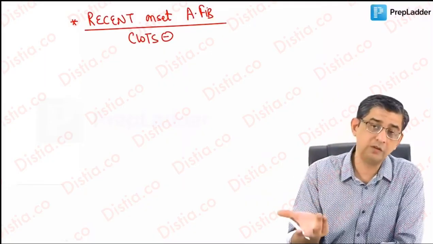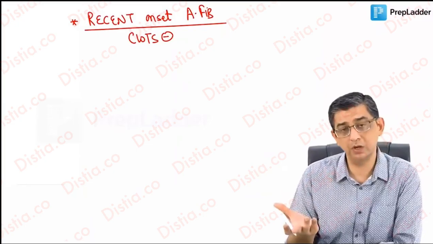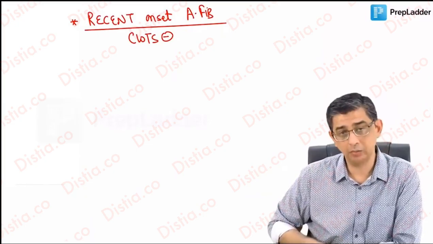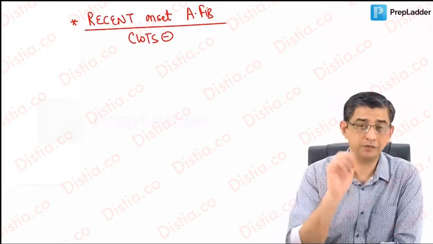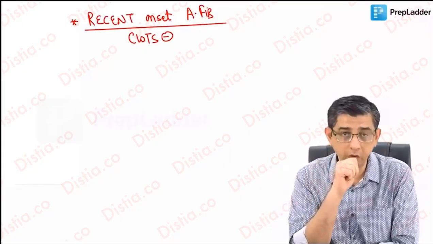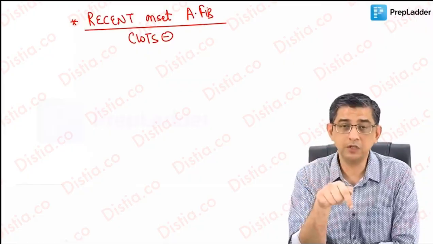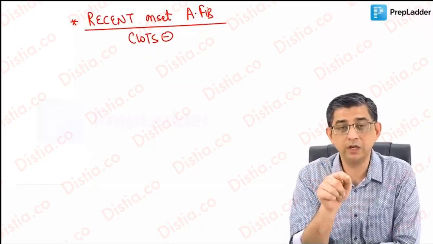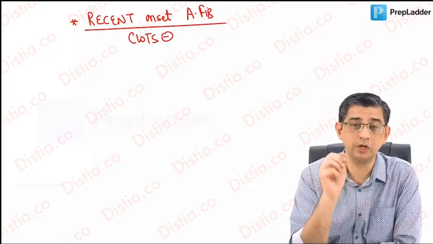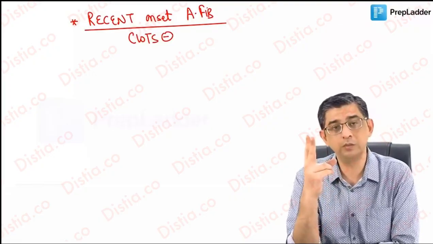And yes, we also have an investigation, transesophageal echocardiography. Now I'll tell you a practical problem. Suppose you did a transesophageal echocardiography and the report came as normal. Is it that the clots are not there, or is it that the clots are there but too small in size so echo is not able to see them? See, there can be two possibilities, no?